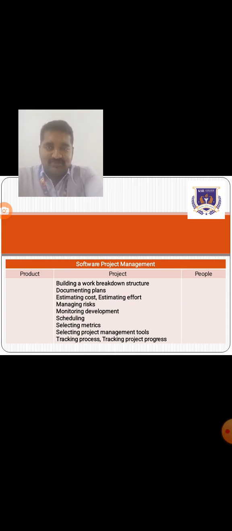Then cost estimation and effort estimation will take place, and the risks that have occurred and are estimated to occur need to be managed. Monitoring the development and scheduling individual activities. Selecting the metrics which we are going to use, depending on ISO standards. Then selecting the project management tools and tracking the process and project progress.